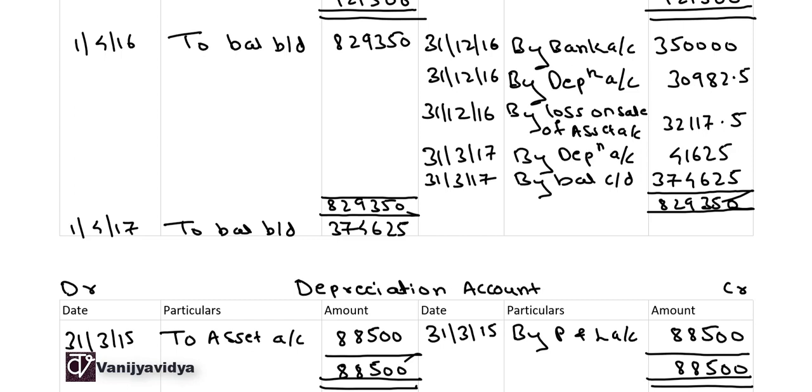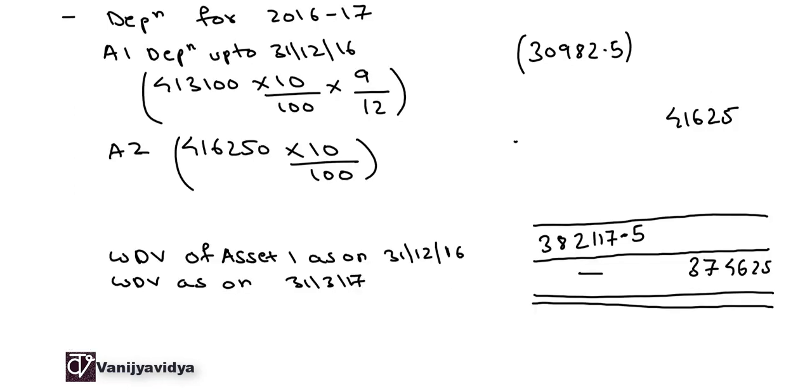Let's cross verify it. See, WDV as on 31st March 2017 is 3,74,625, and for asset 1 it's nil. So this is one way to cross check and verify whether all the entries for the profit and loss on the sale and depreciation on the sale of asset are posted correctly.